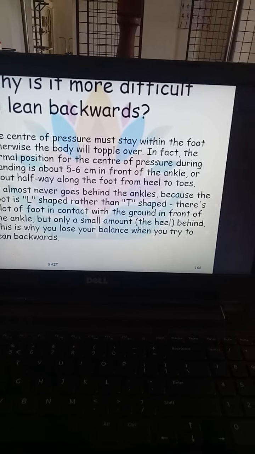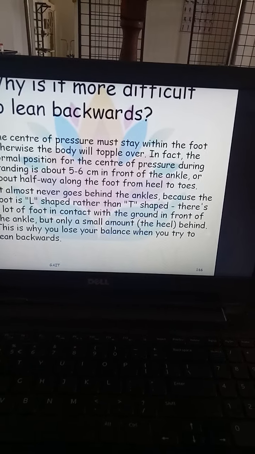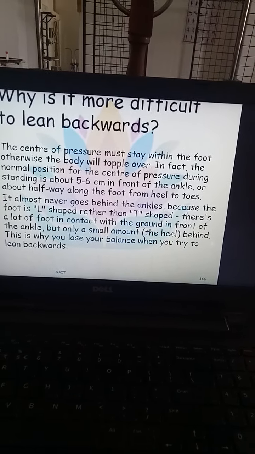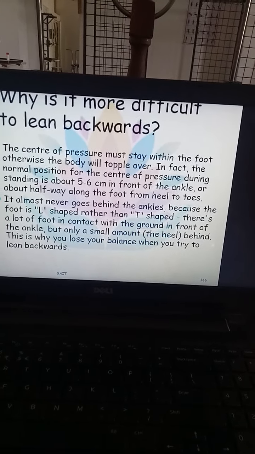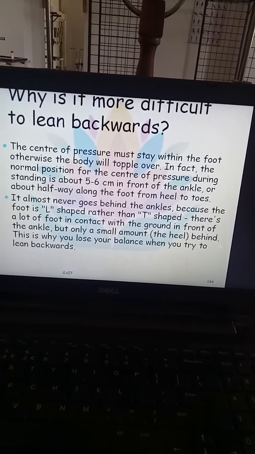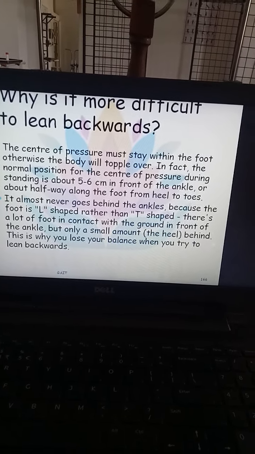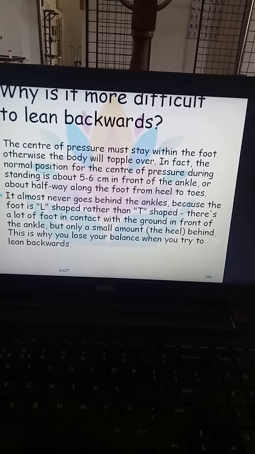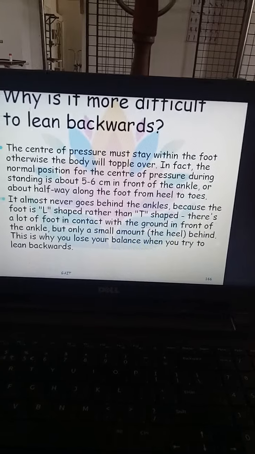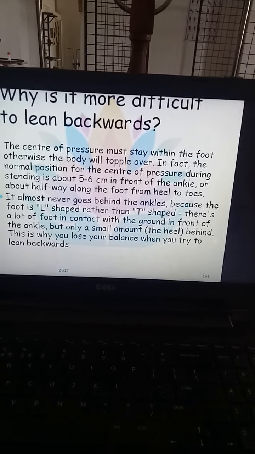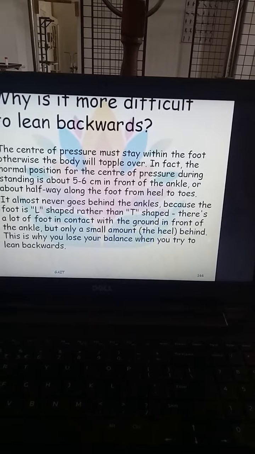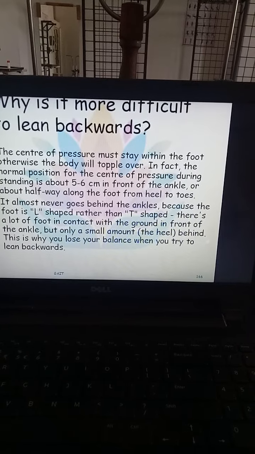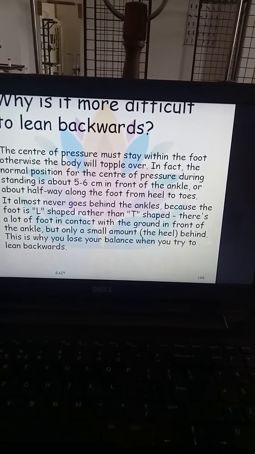In fact, the normal position of the center of pressure during standing is about 5 to 6 centimeters in front of our ankle, or about halfway along the foot from the heel to the toes. Because of this center of pressure point, we can balance our body's position, and because of that we do not fall down.